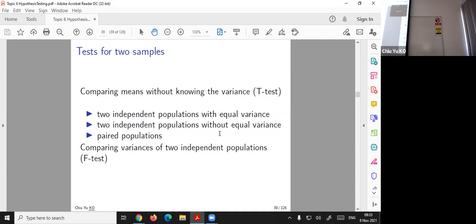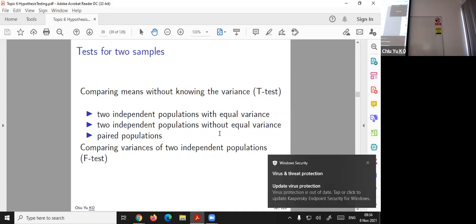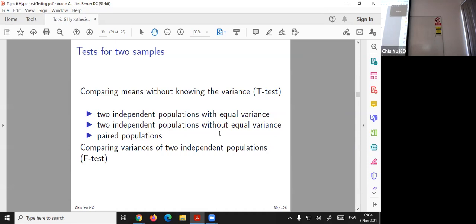Suppose you have three different types of vaccines. You want to see whether the three of them have different antibodies. Of course, you can use ANOVA that we'll learn later this week or next week, or you can keep doing the t-test again, and then you can see whether the three are different.